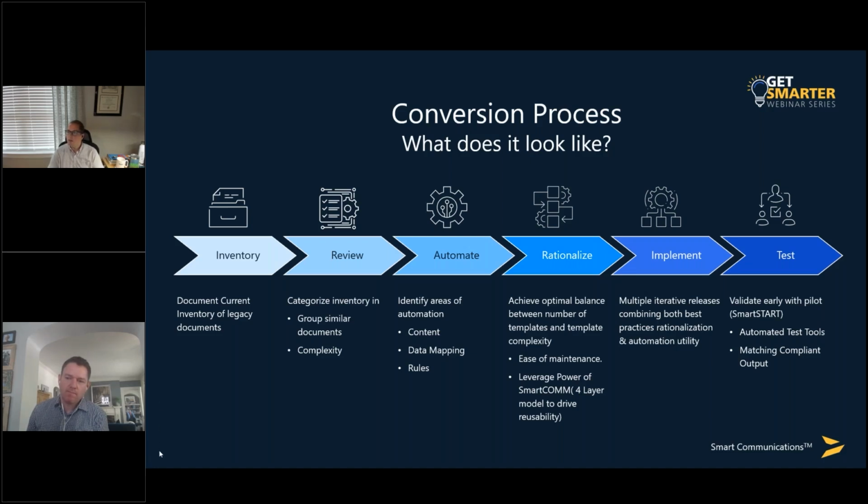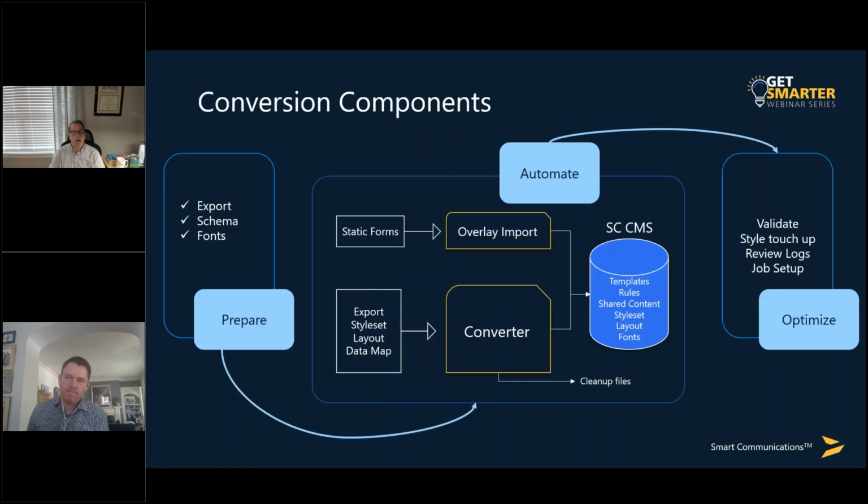So let's talk a little bit about conversion components and what is made up in terms of automation. From a professional services standpoint, our team has created different types of automated tools. One type of automation is for static forms, the other is for dynamic forms.